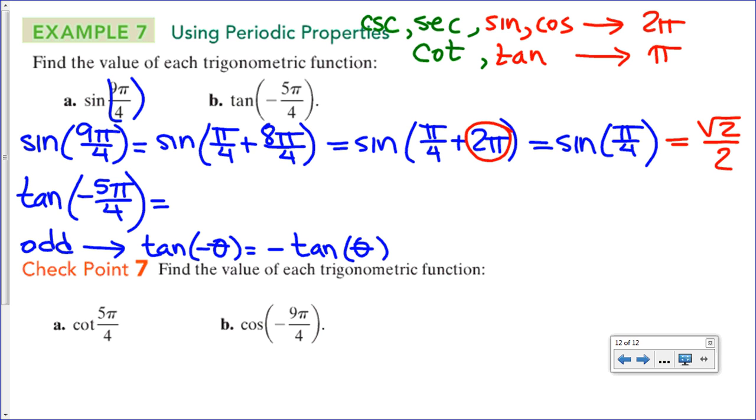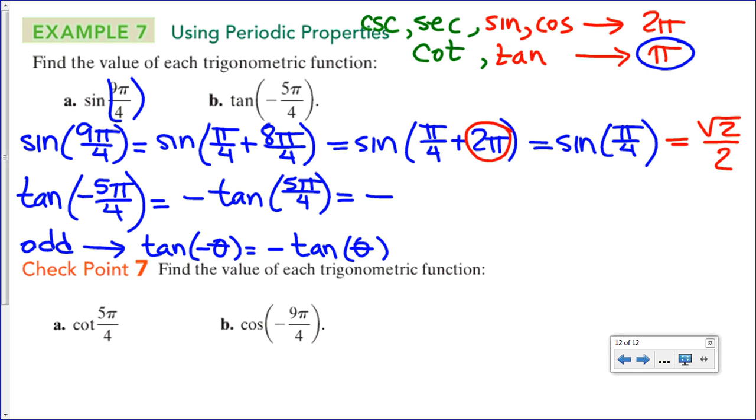Yes, that's what odd means. So the tangent of negative 5 pi over 4 is the same as the opposite of the tangent of 5 pi over 4. Now, the period for tangent, when the trigonometric values keep repeating, is every pi.